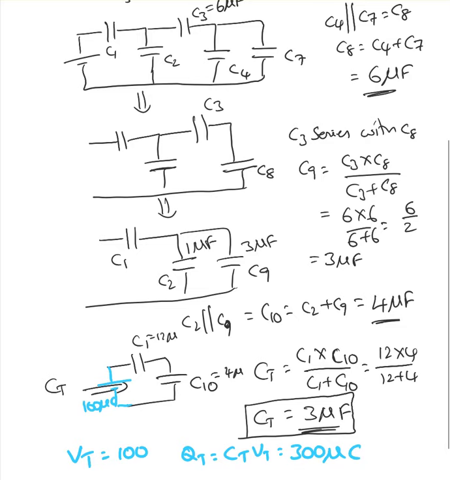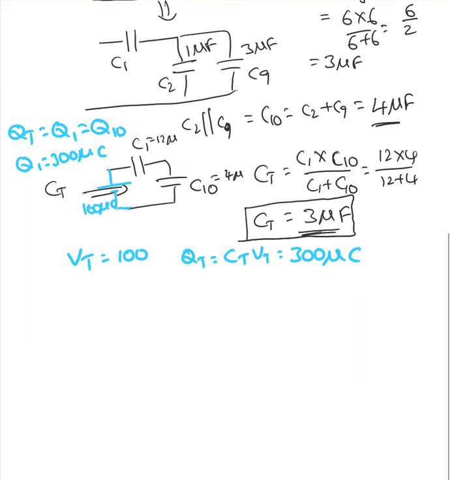So from this I can tell Q total is the same as Q1, same as Q10. So Q1 equal to 300 microcoulombs, and Q10 is also 300 microcoulombs. So I'm going to write it down here.